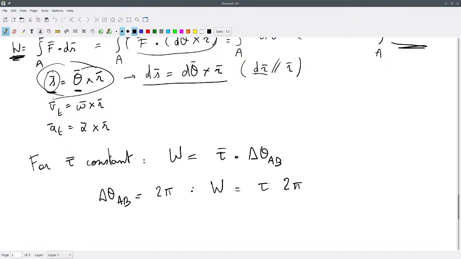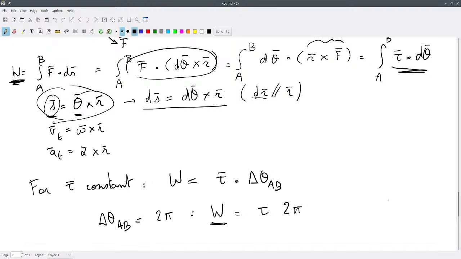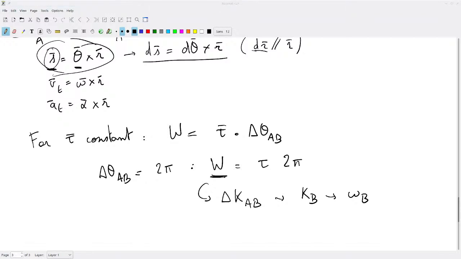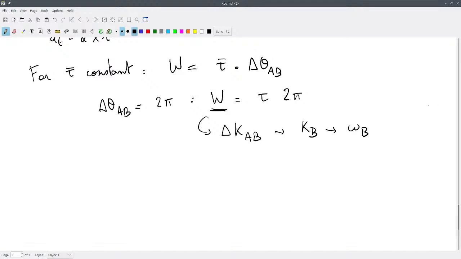So that allows us to calculate the work, which we now can use to calculate the change in kinetic energy from A to B. For example, we can calculate the kinetic energy at point B, and that we then use to calculate the angular velocity at point B. One other part, since we're at 10:21 already, is that we can also calculate the power, which, as you remember, is the work done per unit time.